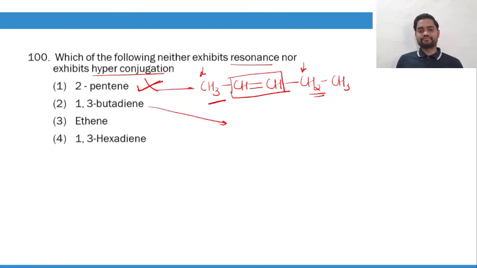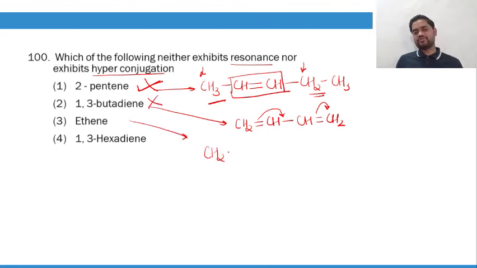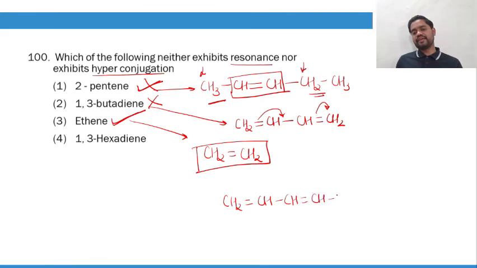1,3-butadiene, so CH2 double bond CH, CH double bond CH2. It does not show hyperconjugation, but it does show resonance. So this should not be the right answer. Ethene, CH2 double bond CH2, no hyperconjugation, no resonance, and hence that will be the right answer. 1,3-hexadiene can be written as CH2 double bond CH, CH double bond CH, CH2 CH3.